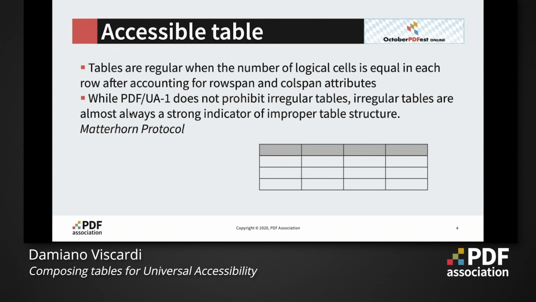And the Matterhorn protocol says that irregular tables are not prohibited, but whenever you find an irregular table, it's a strong indicator that something is going wrong in the table structure. Probably it is an improper structure. And that means that a table, to be accessible, should be regular for an easy understanding of the content.